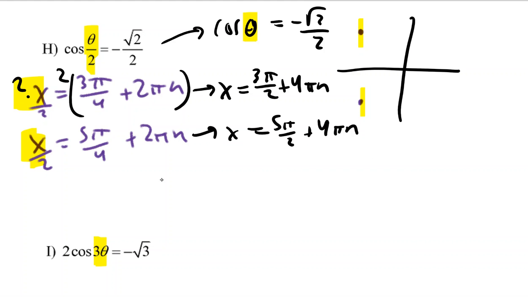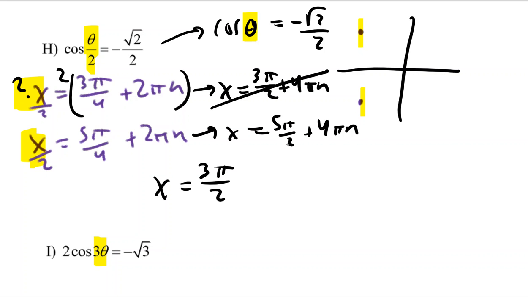So it's saying one answer is at 3 pi over 2. Is 3 pi over 2 between 0 and 2 pi? Okay, so keep it. It says the next answer comes from adding 4 pi. If I add 4 pi to this, is it going to be between 0 and 2 pi? No. So I'm done with that formula.